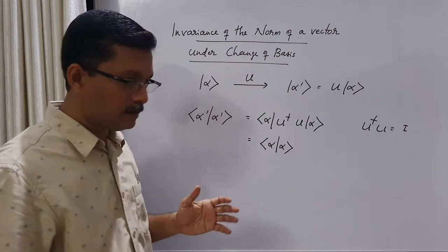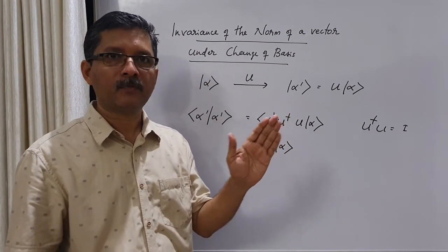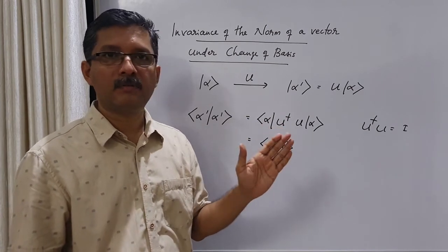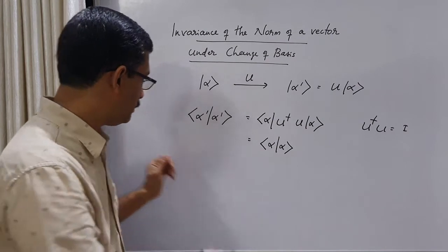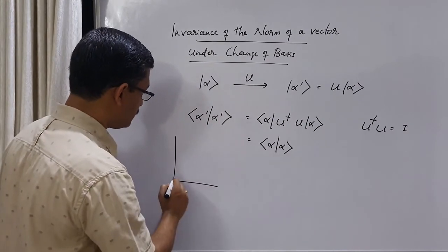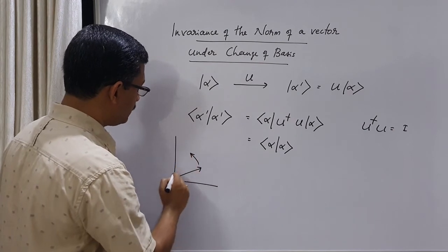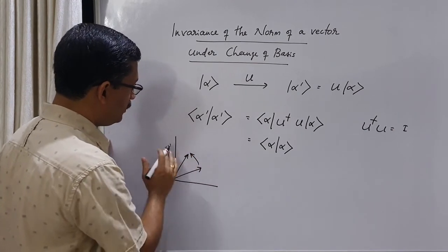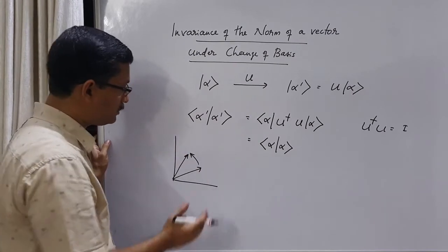We also know that in an ordinary three-dimensional space, if you rotate a vector, its norm, that is magnitude, does not change, right? Let's consider two-dimensional. This is a vector. Suppose you rotate this vector like this, then its magnitude doesn't change. It simply rotates.